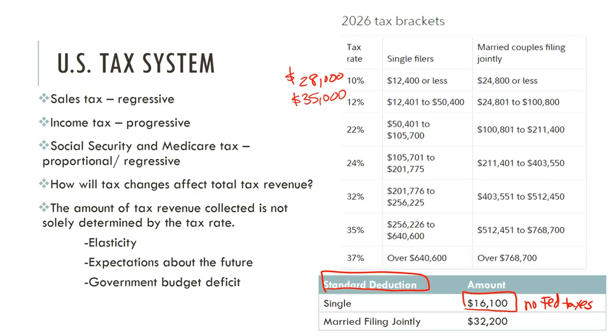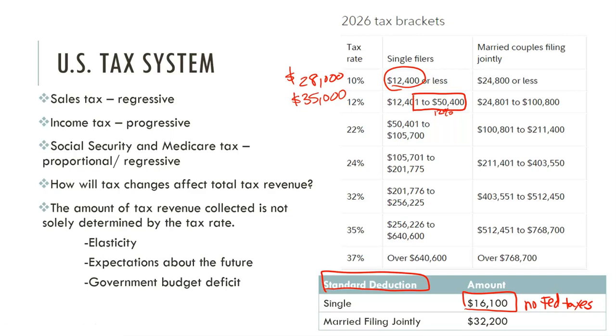It's only on the dollars from 12,401 to 50,400 that you'll be paying the 12% on. You'll still be paying 10% on this 12,400, and you'll still be paying 0% on this first 16,000. So getting a raise will never lead to less money. You're just paying a higher amount of taxes on those higher dollars that you earned.